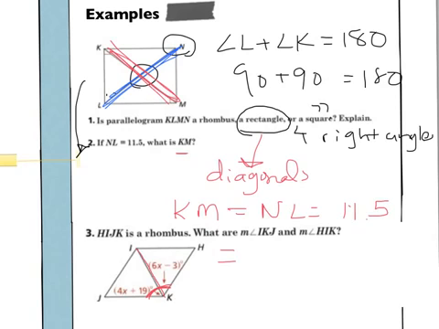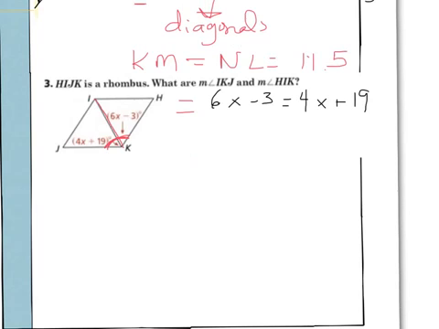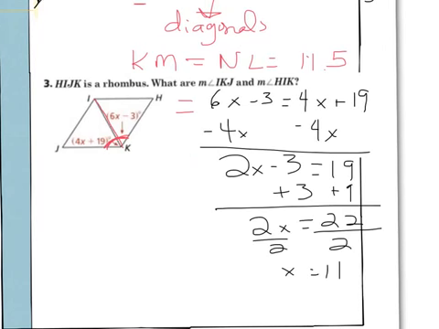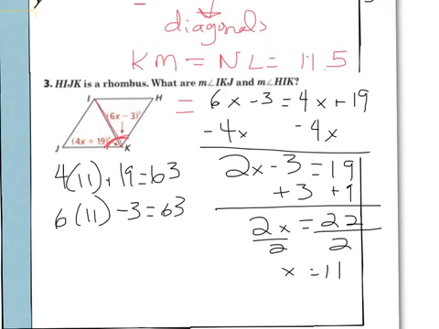So if we set them equal to each other and then solve this for x, we will find that x equals 11, and then go ahead and substitute x as 11 into both smaller angles. We will find out that IKJ is going to be 63. And hey, HIK equals 63 too. And that's also what we were supposed to find because we know these are going to be congruent.